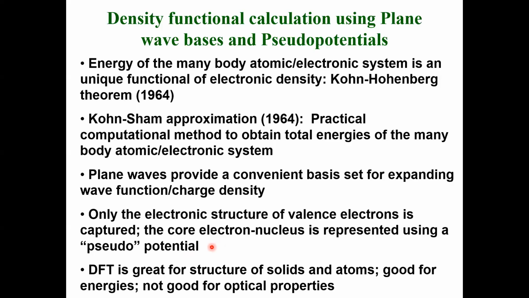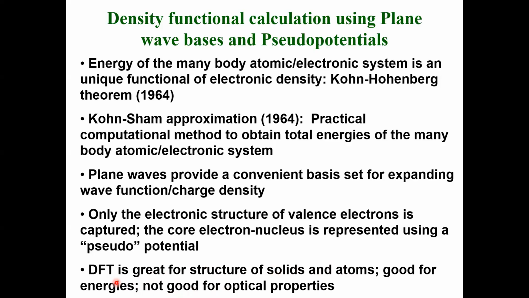As I said, density functional theory, because of its approximations, is very good for condensed matter. Certain properties of solids can be done much better. Atoms can also be addressed here. It is good for computing energies, but it's not that good for computing optical properties. Why do I say this? Density functional theory is a theory for ground states, and not for excited states.